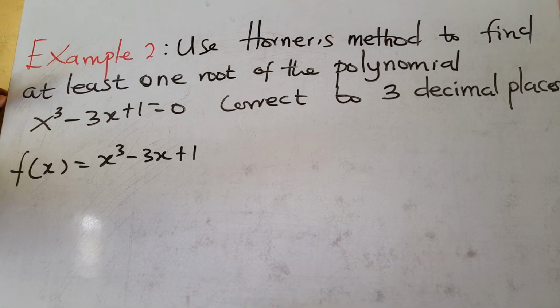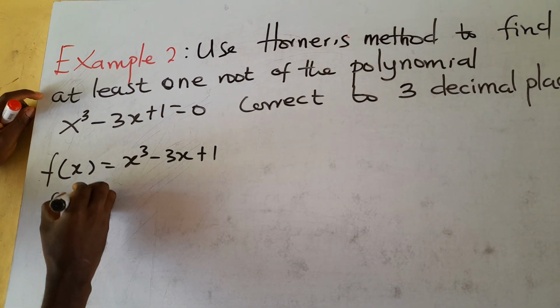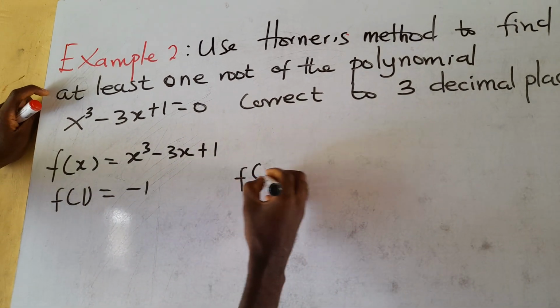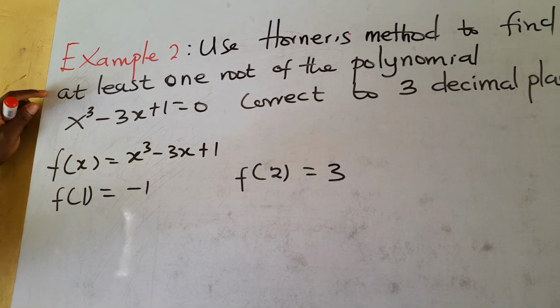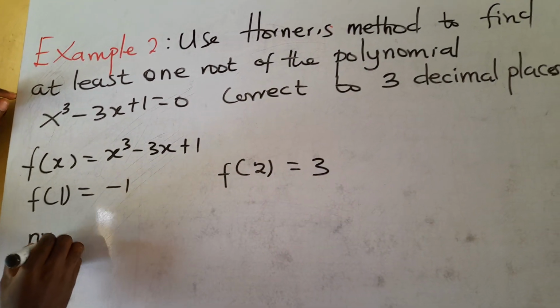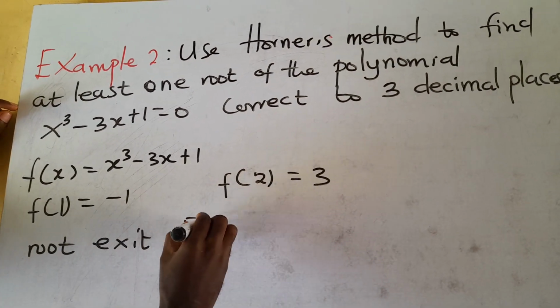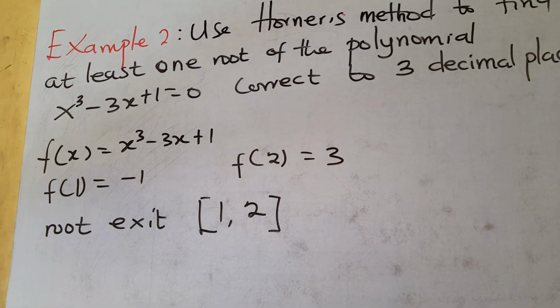Now we need to use the location theory to find the interval where the root exists. So we find f of 1. If you find f of 1, you get negative 1. And when you find f of 2, you get 3. Then we can say roots exist within the interval 1, 2. I hope you get that.